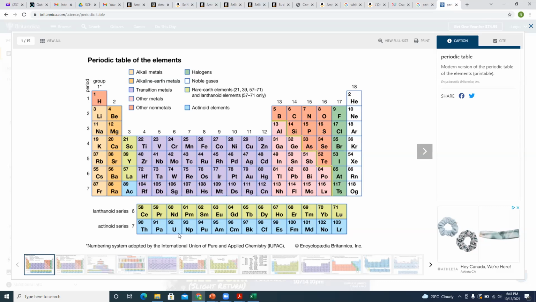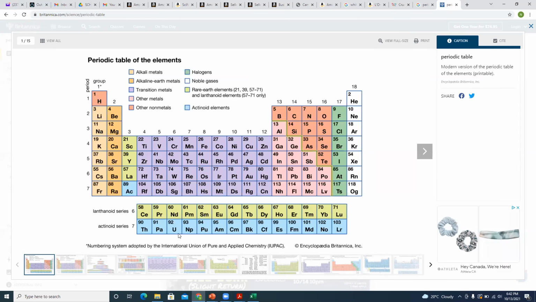Well, let's think back to what it means when we talked about isotopes. Is it 92 itself? Exactly, it's 92 itself, because 92 is the atomic number for uranium. That means it has 92 protons in its nucleus.